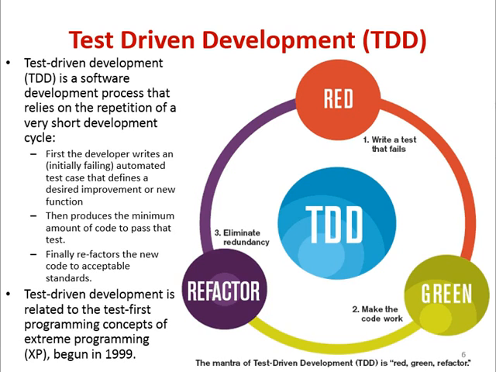So what exactly do you do, in a nutshell? First, the developer writes an initially failing automated test case that defines a desired improvement or new functionality, then produces the minimum amount of code, mark the word minimum amount of code, to pass that test case, and then finally refactors, a kind of normalization or optimization of the new code to meet the standards or efficiency or any parameter which is the objective for the organization or even the project.